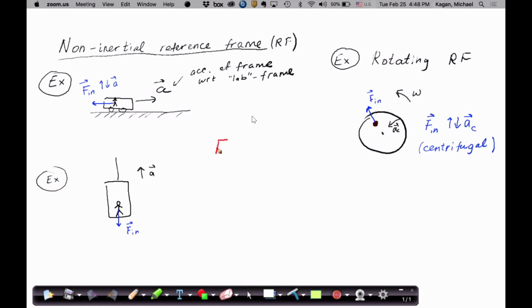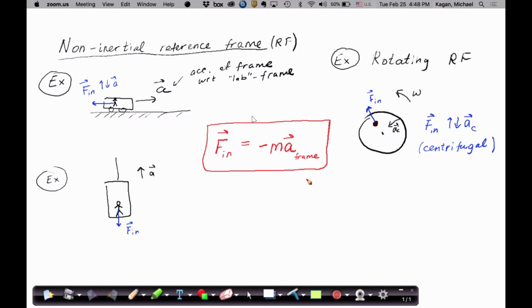The force of inertia is a very simple thing. It's actually minus m a of the frame. Minus takes care of the direction, and the force of inertia is proportional to the mass of the object that you consider, like the mass of this person here or the mass of the ball in this example. Does that make sense?